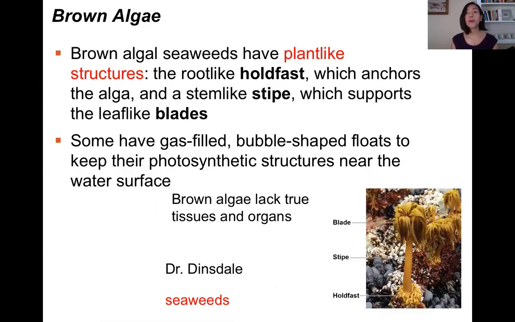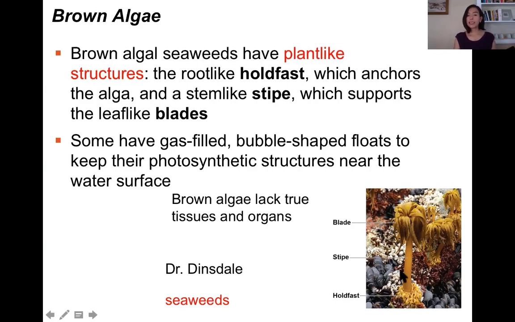The third group of the stramenopiles are brown algae, and they look similar to plants. The structures have actually evolved by convergence. So let's look at this. This is the holdfast, and the holdfast helps this brown algae anchor to the floor in the sea.